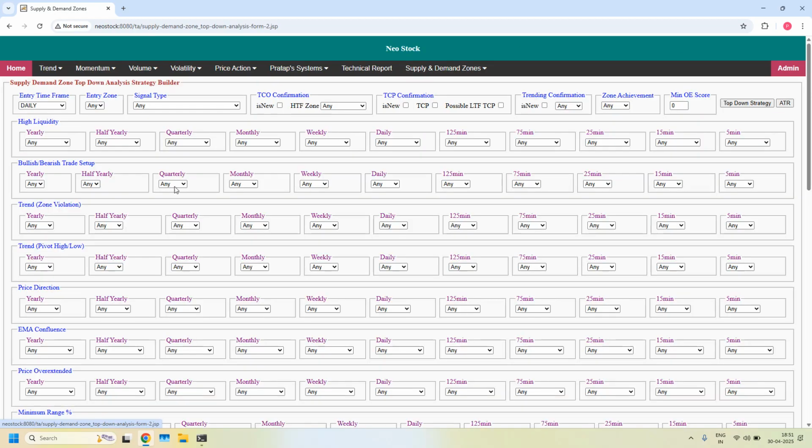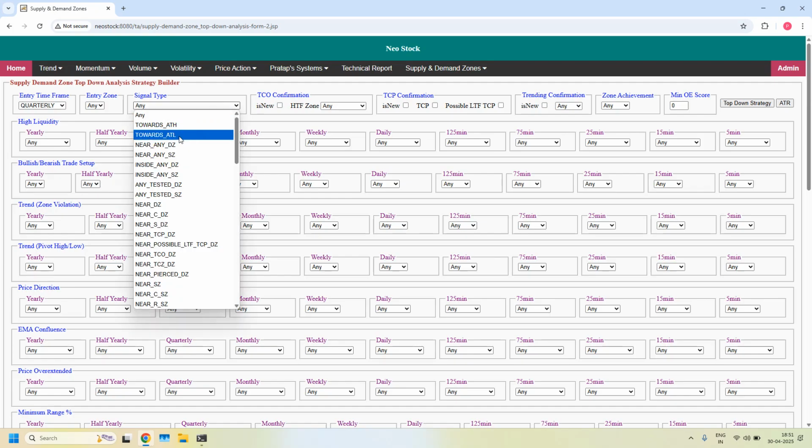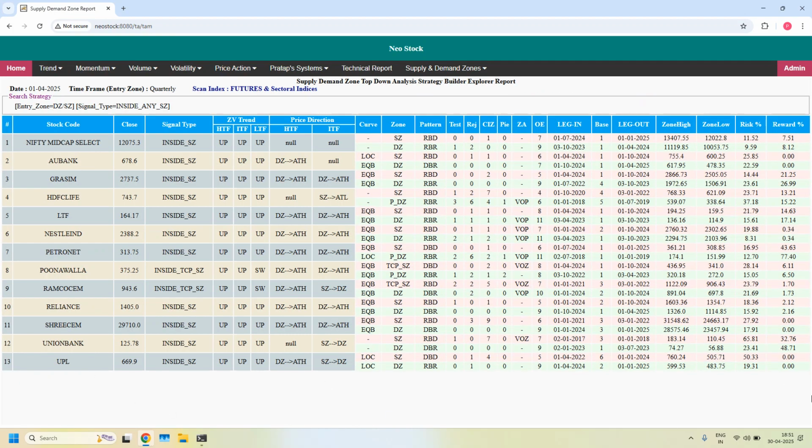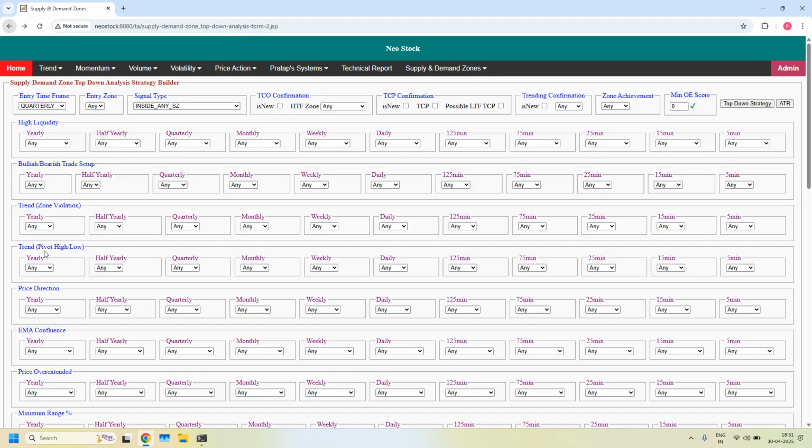Okay, next, for quarterly time frame, price closed inside the quarterly supply zone. We got 13 stocks. Let us filter this list based on quarterly supply zone having quarterly EMA confluence.